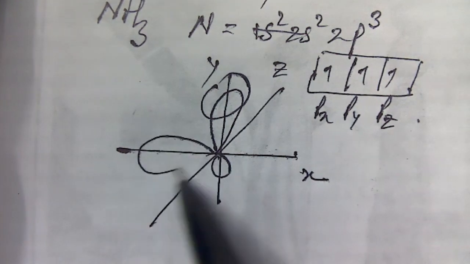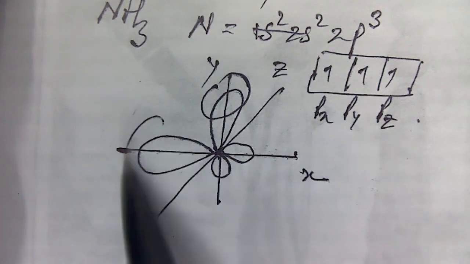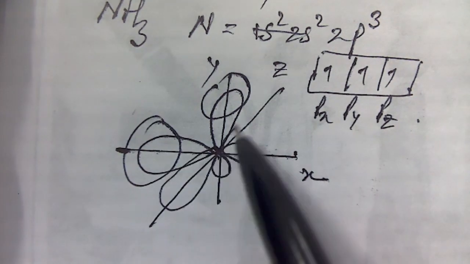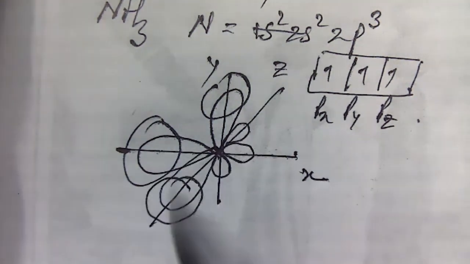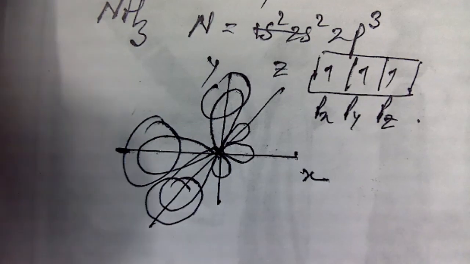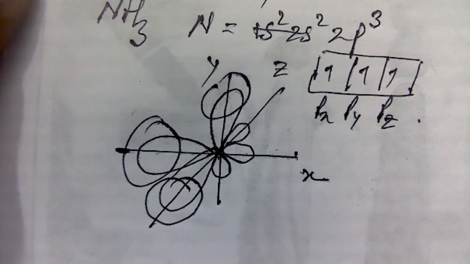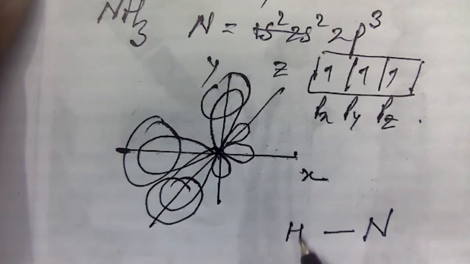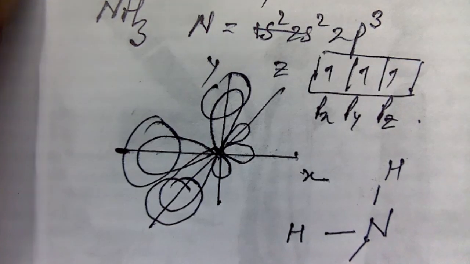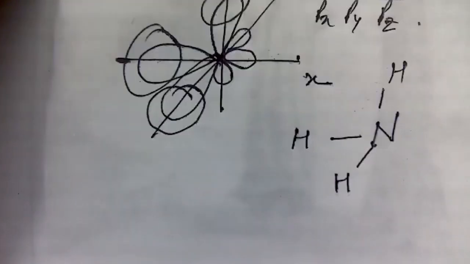And the same way the other one also overlaps. So your bondings are along the x-axis, y-axis, and z-axis. If I say this is hydrogen, this is hydrogen, one of them will be perpendicular.